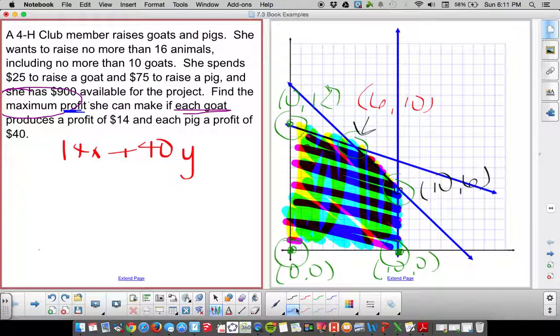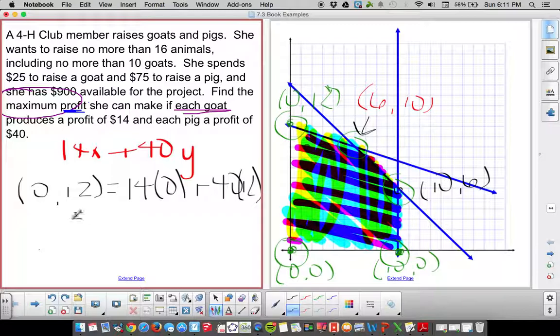So you can see if we test the point 0, 12, that means I'm plugging 0 in for x and 12 in for y. 12 times 40 is 480, plus 0 is 480.